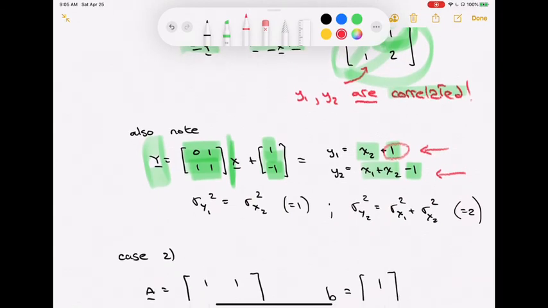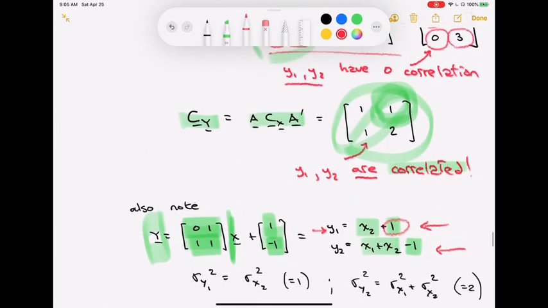Furthermore, what do we see? If I wanted to know the variance of y1, it's going to be related to the variance of x2. An offset of 1 doesn't change the variance, because variance is a mean-adjusted quantity. So the variance of y1 is going to be the variance of x2. We've seen that kind of calculation before. What is that going to be? That is this diagonal element. The main diagonal elements of our covariance matrix are the variances of our vector elements.